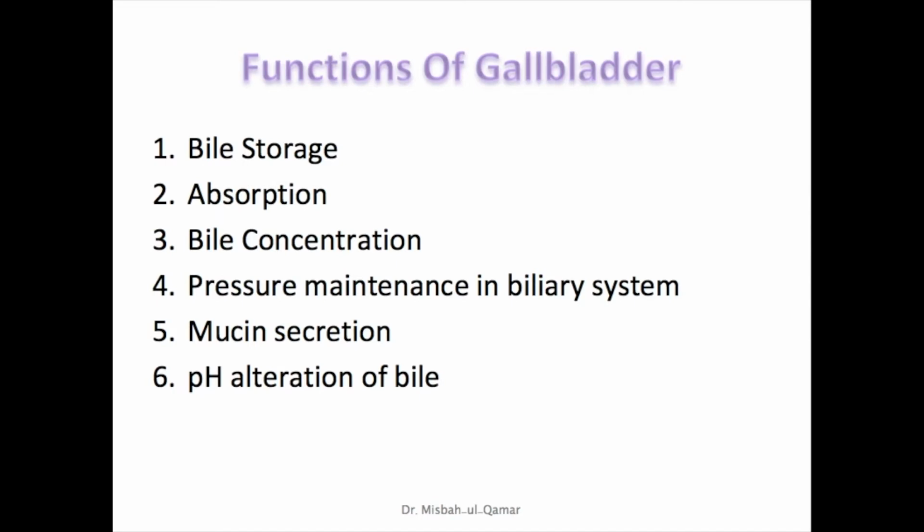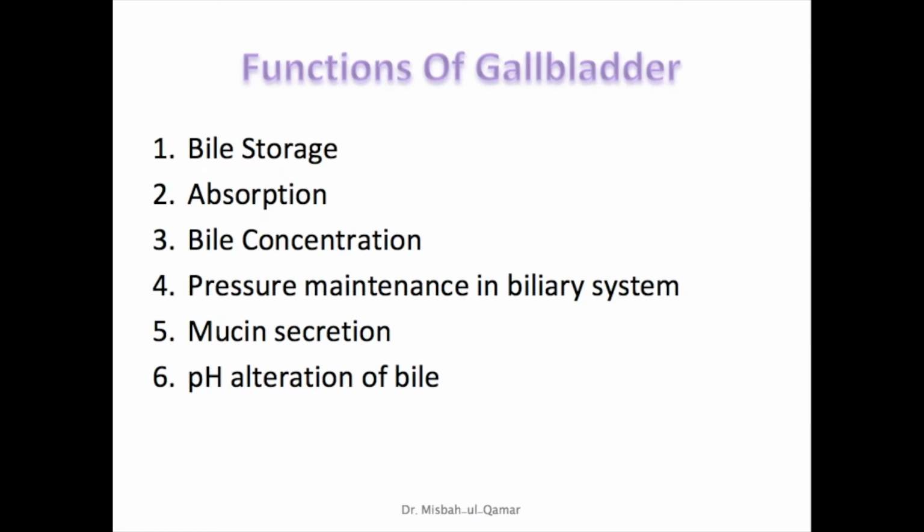Excretion of mucin is a function of the gallbladder, along with the alteration of the pH of bile. You see, storage of bile is necessary because bile is continuously formed and released by the hepatocytes, but this is not continuously utilized. So it is released from the gallbladder intermittently when required.